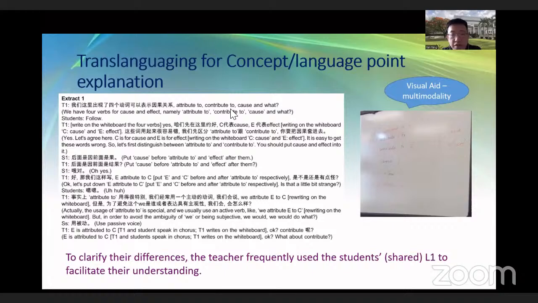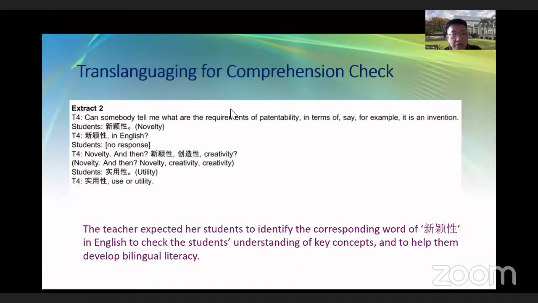To clarify the differences, the teacher used the students' shared first language to facilitate the explanation. She expected her students to identify the corresponding word in English to check the students' understanding of key concepts and to help them develop bilingual literacy.